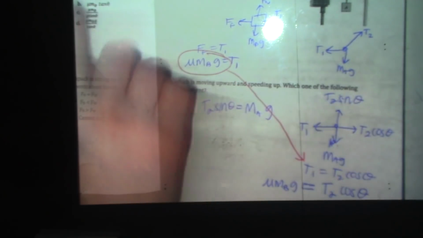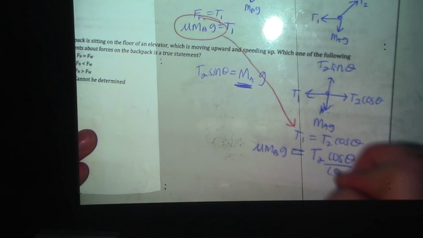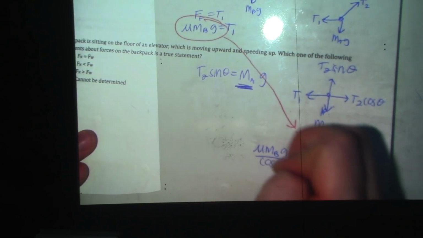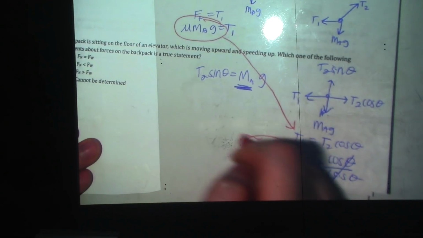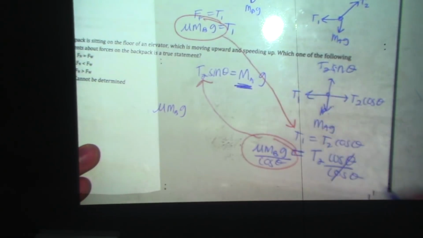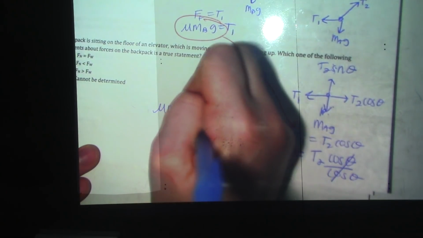I'm looking for the mass of block A, so that means this is my unknown. Now I'm going to get T2 by itself. Oh, this is a nasty question. Getting T2 by itself, substituting that in over here. So now I have mu MBG sine theta over cosine theta equals MAG. I want just MA, so I'm going to cancel out my G's.